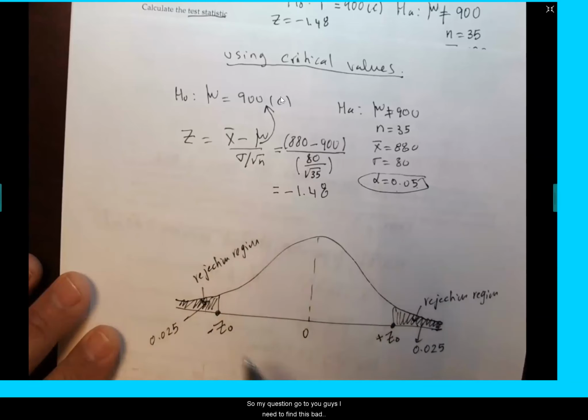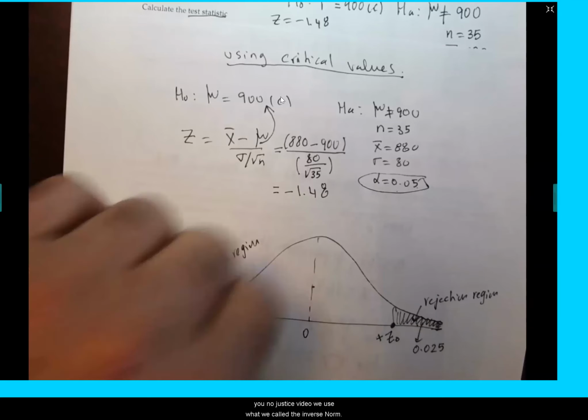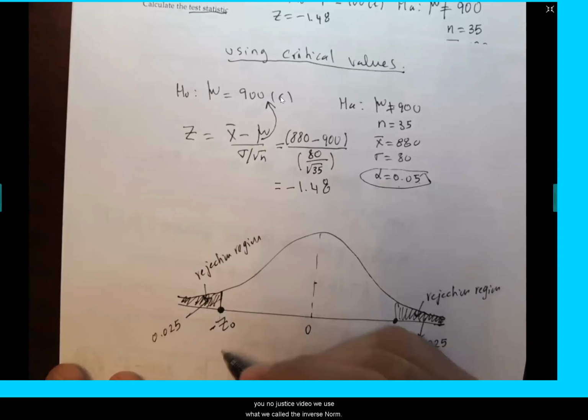Now my question to you guys, I need to find this value here. This is called the critical value that separates the rejection region from the non-rejection region, the fail to reject region. If the area to the left is 0.025, do you still remember how to find just this value? We use what we call the inverse norm, and we need the area to the left.